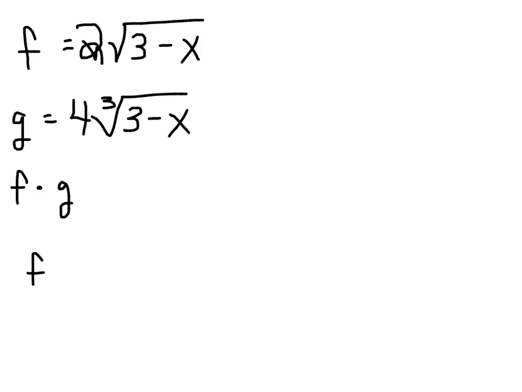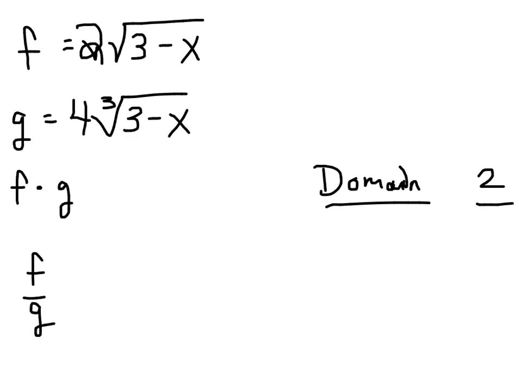We need to find f divided by g. We need to find their domains. And we need to know what happens when we plug in the number 2. So how many pieces am I asking you to actually find? 6. I'm asking you to find 2 equations, 2 domains, and then 2 numbers when you plug it in.